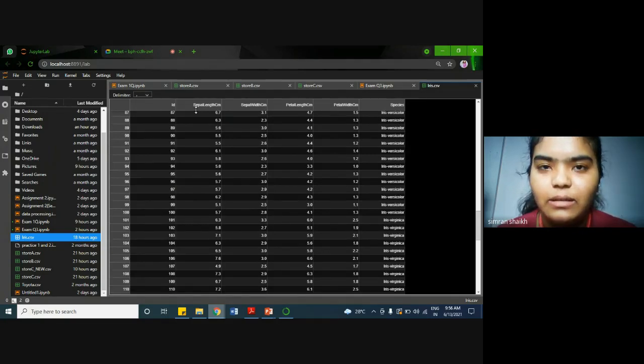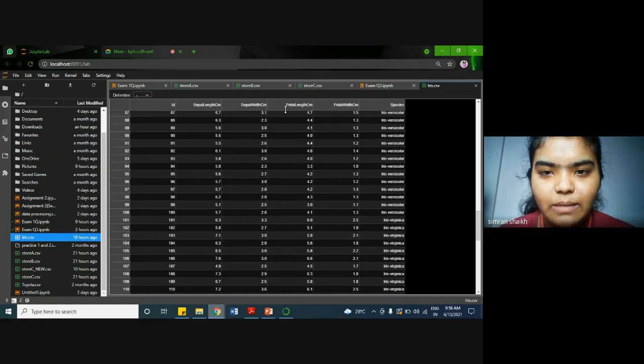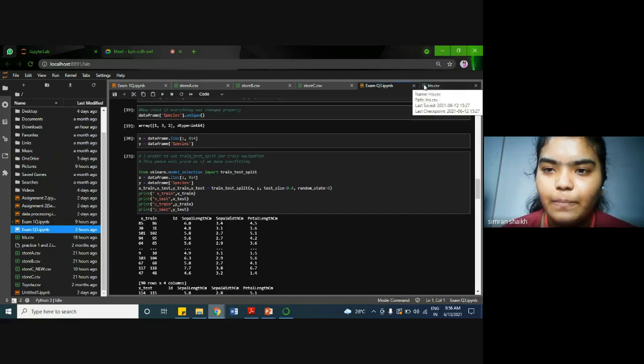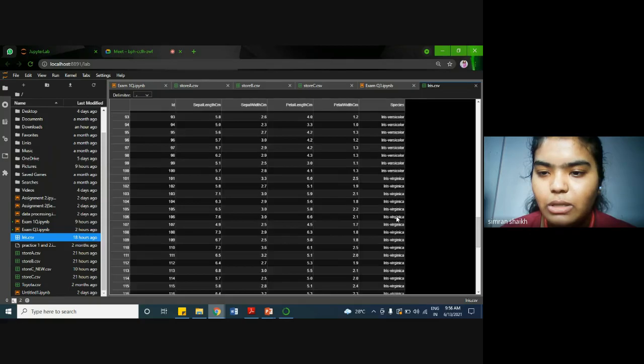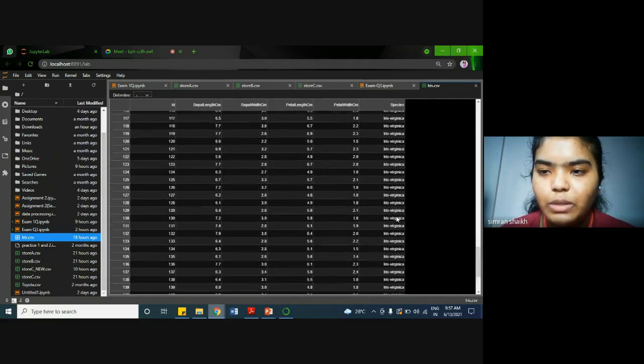Here in the data set we are going to have sepal length in centimeters, sepal width in centimeters, petal length in centimeters, and petal width in centimeters. All right, so let's start. And one more thing, we have three different species, and we are going to deal with these species afterwards.